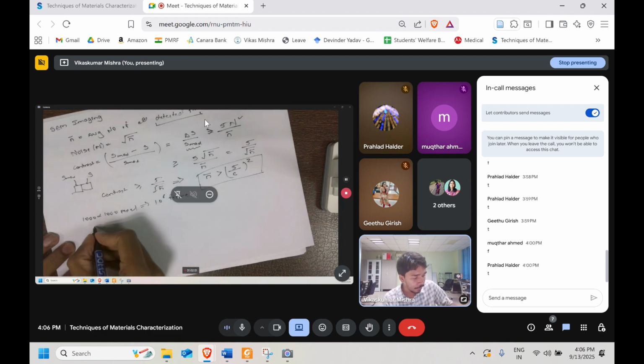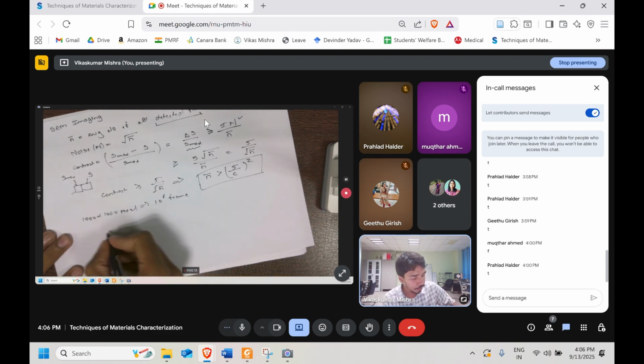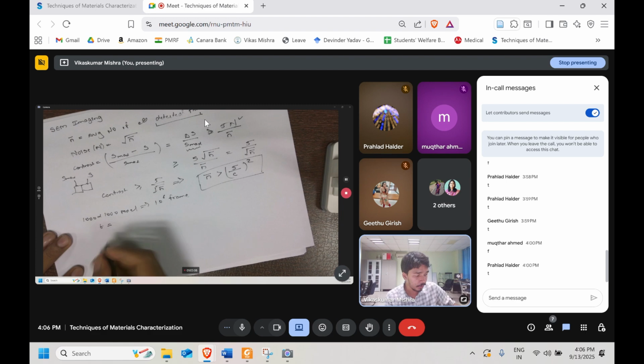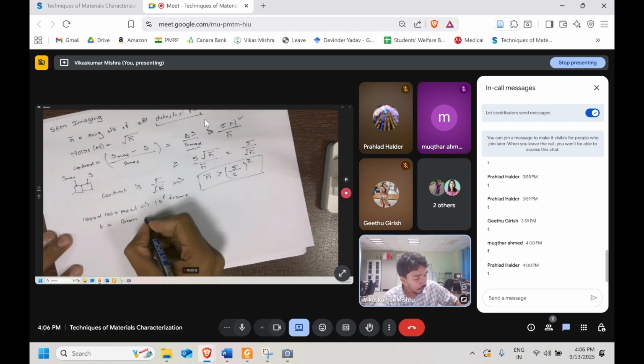Now for one frame, we are talking about how much time it is taking. So t, we can define as the time that the beam dwells on any particular pixel, the amount of time that the beam stayed at a particular pixel.